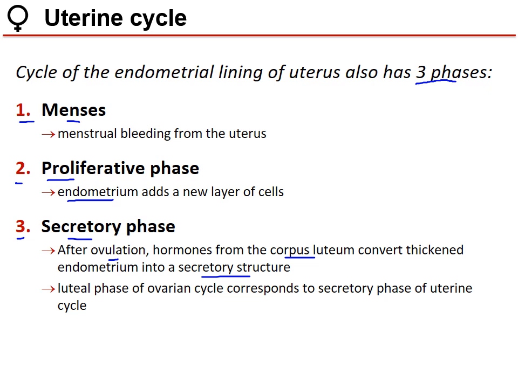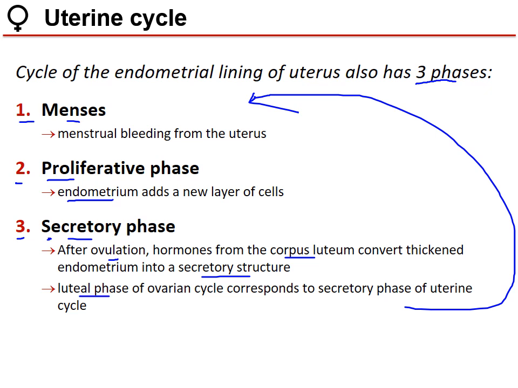But if no fertilization has occurred, so no pregnancy has occurred, all of these layers of the secretory endometrium are then lost in menstruation as the cycle starts again. So it's an ongoing cycle. And the secretory phase obviously corresponds to the luteal phase of the ovarian cycle.